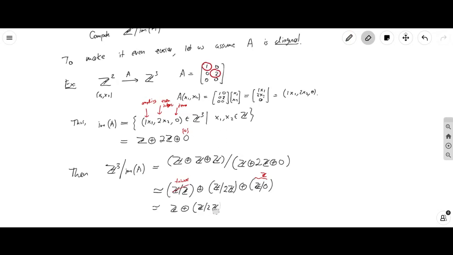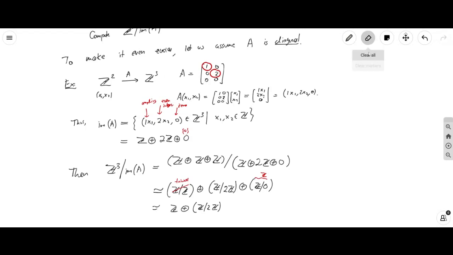When you mod out by 2, that gives you the integers mod 2. And the reason you have an additional factor, Z mod 0, is because the image is in Z3, so that's just the missing coordinate. The missing coordinate is just an extra copy of Z. So that's the way you would do it in general.